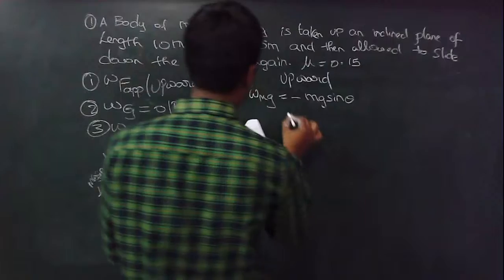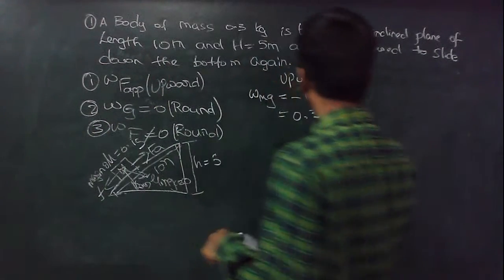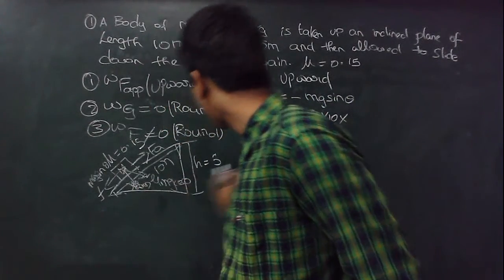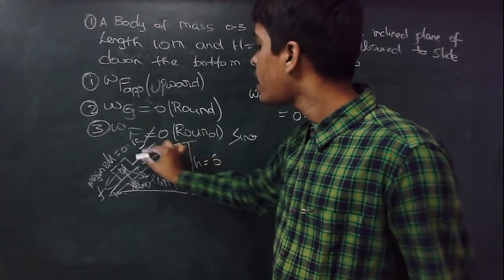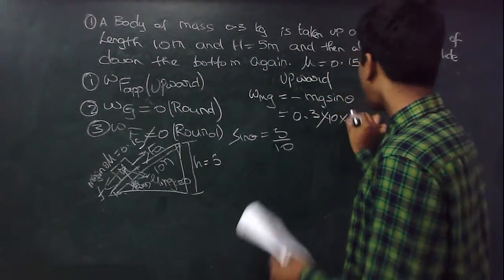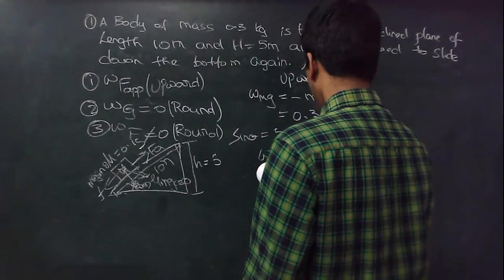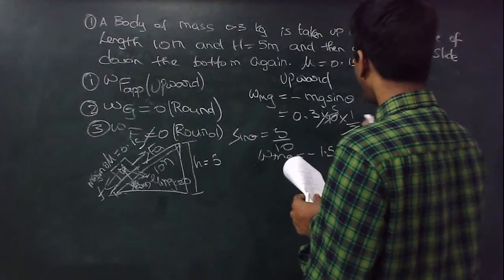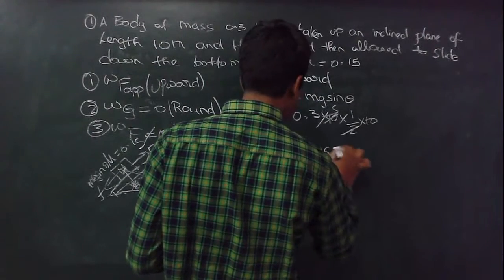This value is 0.3 into 10 into sin theta. Sin theta is equal to opposite upon hypotenuse, which is 5 upon 10, it is 1 by 2. So W_mg is equal to minus 1.5 joule into 10, so it will become minus 15 joule.